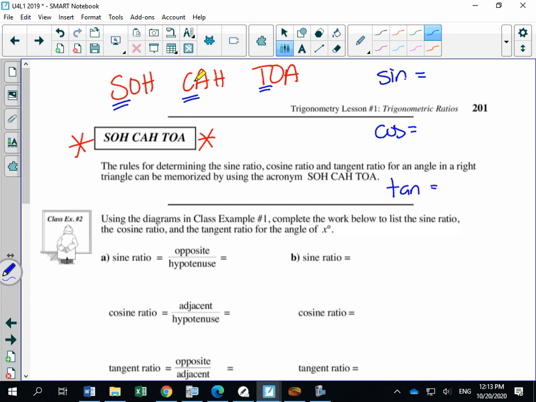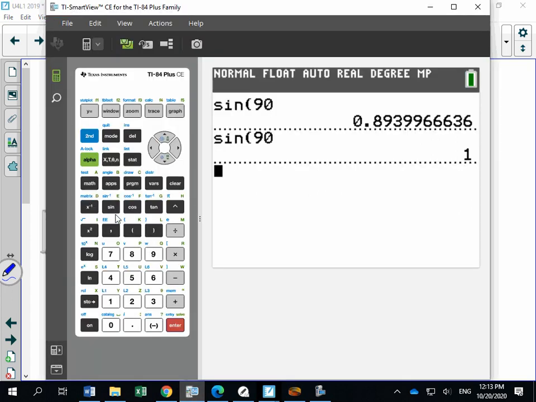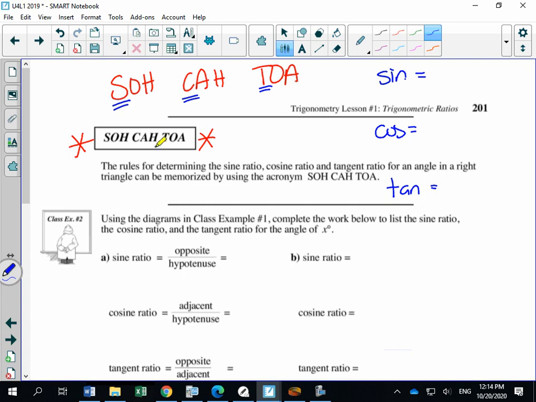These three ratios are buttons on your calculator. So if you look at your calculator, your three trig ratios are right here. So there's a sine button, a cosine button, and a tan button. And if I said, what is the ratio for sine? Sine, you guys, is O over H. So remember that a ratio is a fraction, and the sine ratio on a triangle is going to be the opposite side over the hypotenuse.